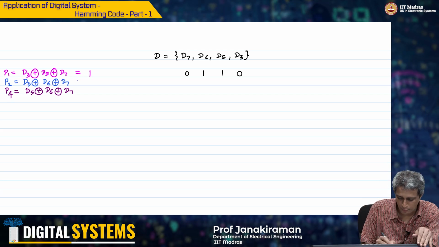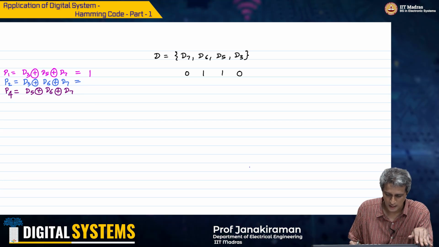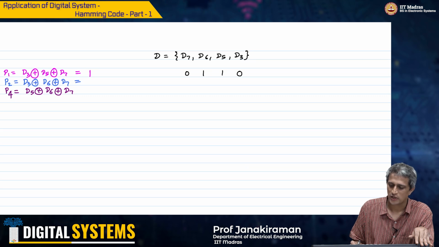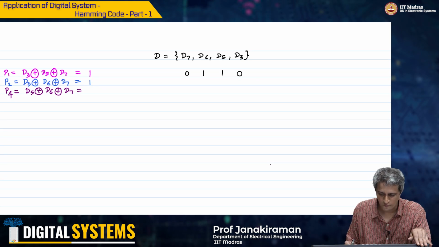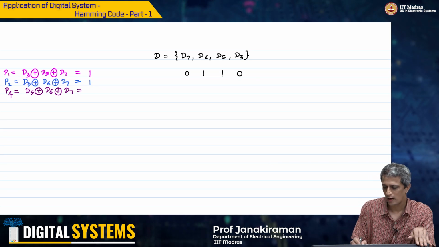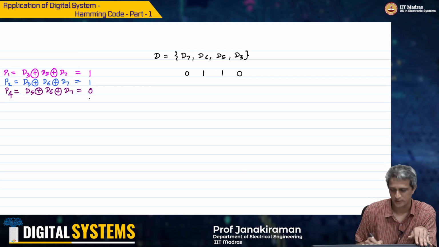P2 is D3, D6 and D7, which again is going to be a 1. And finally, P4 is D5, D6, D7. You have an even number of 1s and therefore you get a 0.